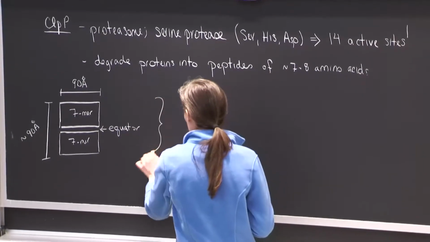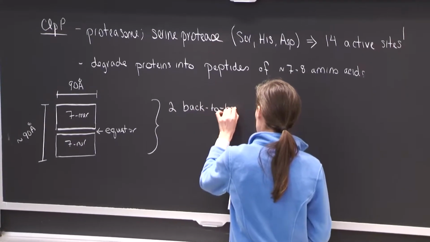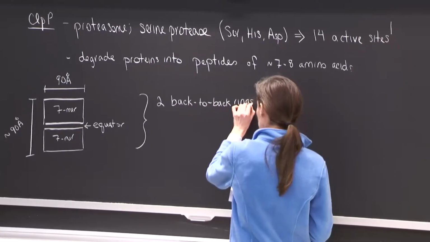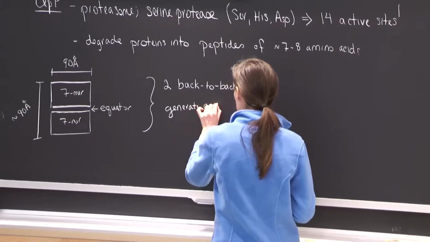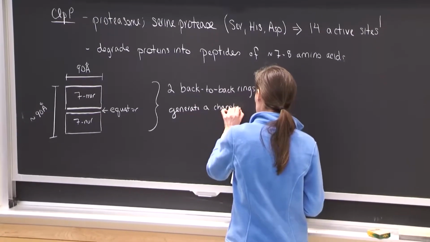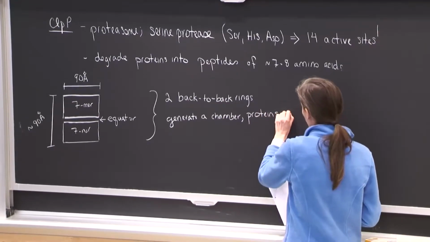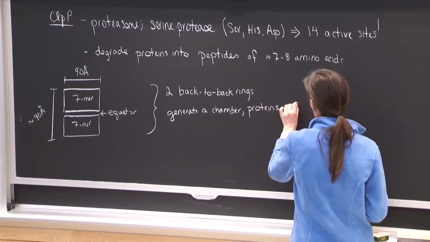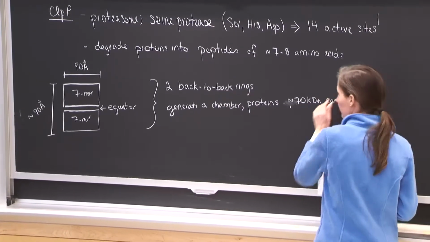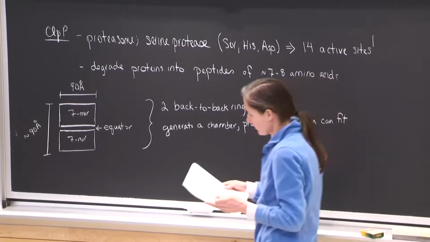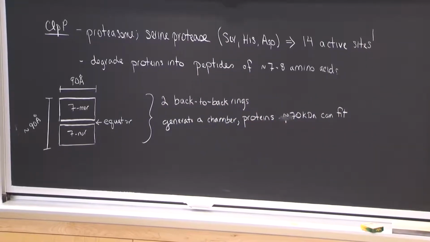So here we have two back-to-back rings, and these rings generate a chamber. Proteins upwards of about 70 kilodaltons can fit. And so if we take this looking from the side and just rotate 90 degrees to ask what does it look like from the top.